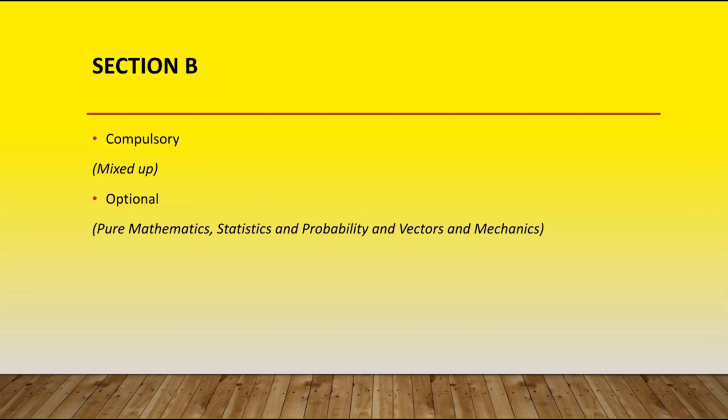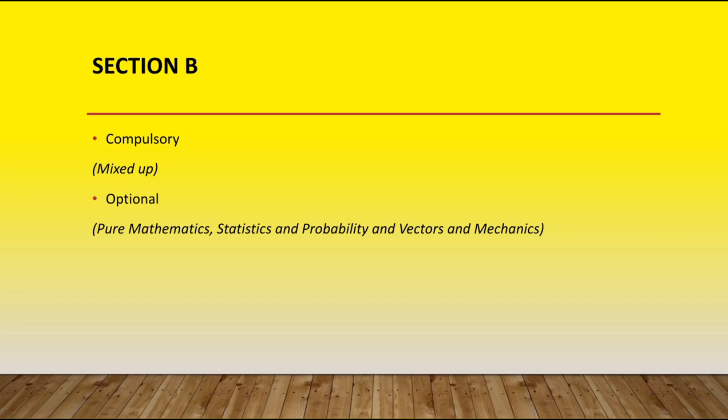So under pure mathematics, you have topics like indices, logarithm, matrices, calculus, trigonometry, sets, functions, binary operations, logical reasoning, and so on. Under the statistics and probability, we have correlation and regression, permutation and combination, binomial probability distribution.